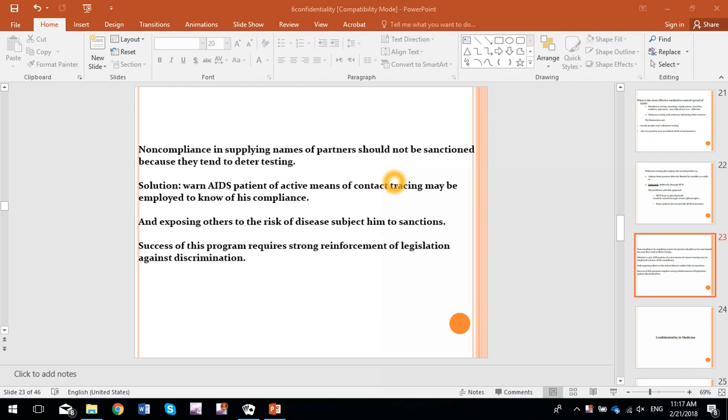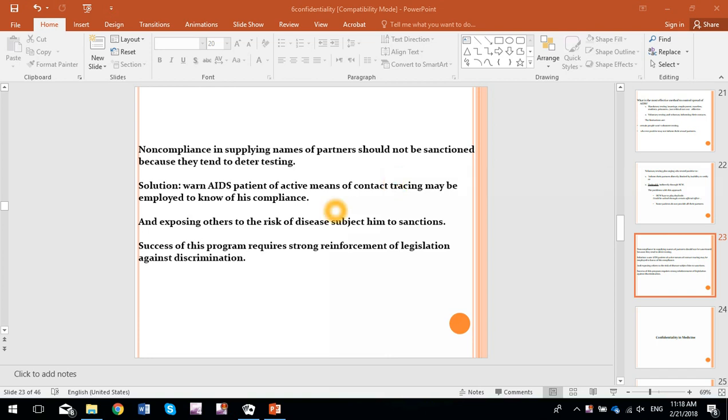We cannot provide sanctions for them, because if others knew that we sanctioned those who did not comply by naming all their sexual partners or IV drug users, it means that others would not volunteer to go and test for their HIV status.